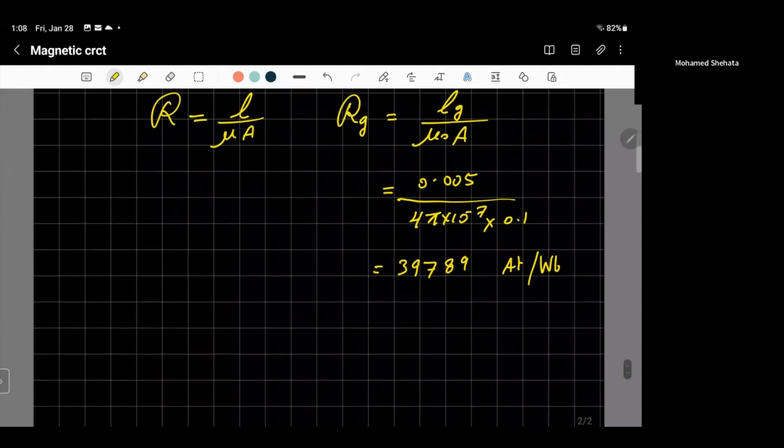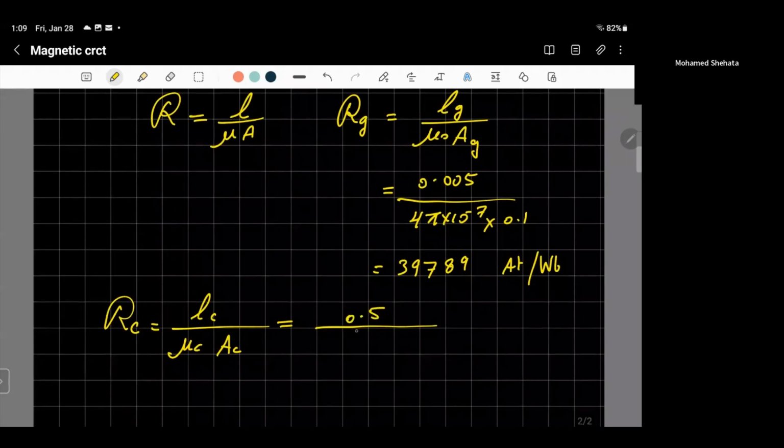How to find it for the iron? The same thing for the core will be L of the core divided by mu naught mu r, and we already got it. You can call it, just for simplicity, mu of the core, and the area of the core. Of course, the area of the core equals the area of the gap, but I have to write it right. The length was 0.5 meter.